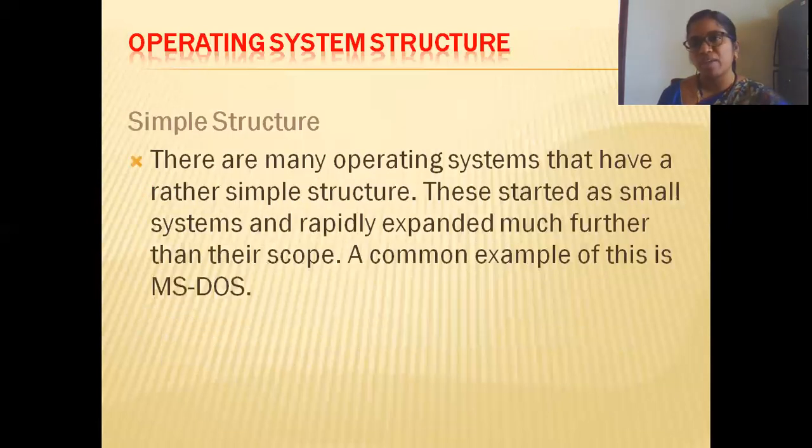Next, and the last topic of our today's video lesson, is operating system structures. As we have different kinds of requirements needed for implementing an operating system, it cannot be implemented as a monolithic.